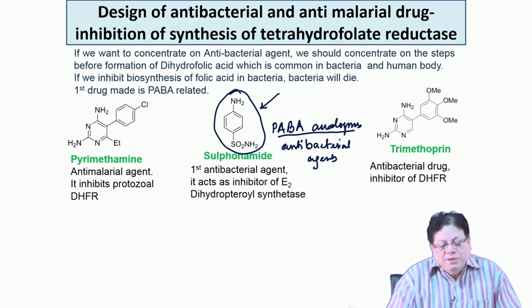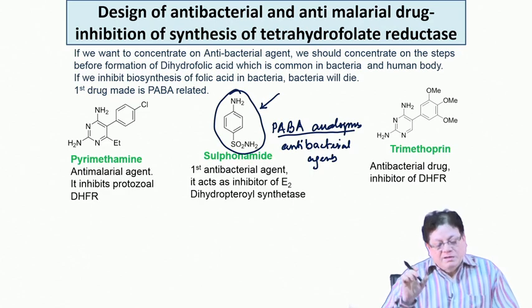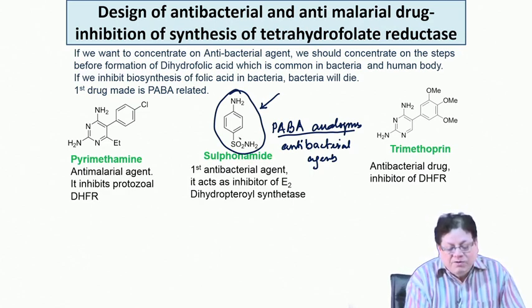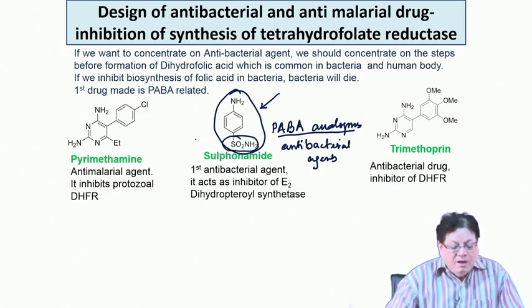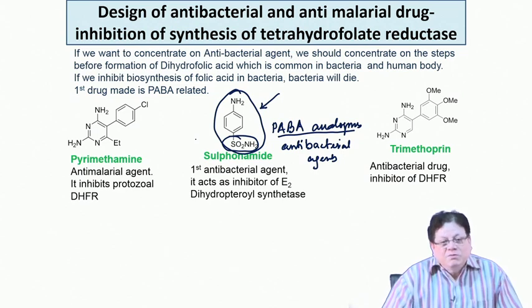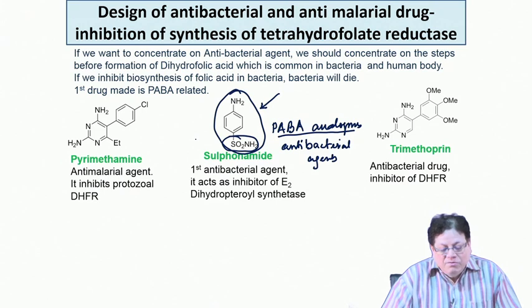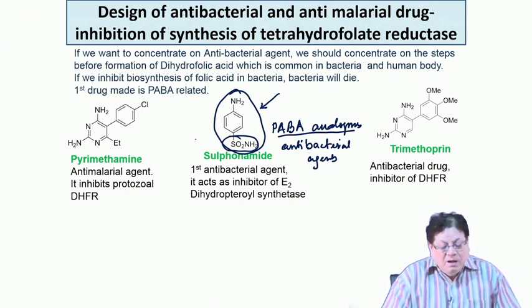In place of para-amino benzoic acid, it takes up para-amino benzene sulfonamide. So, then it cannot hook up the glutamic acid, which requires a carboxyl function at this position. So, that was the first antibacterial agent based on folic acid biosynthesis.